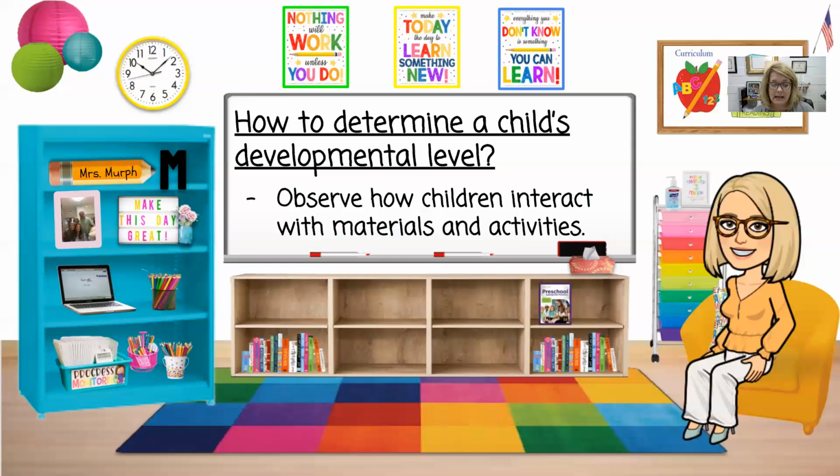The 3M method is one such way for teachers to determine a child's developmental level. It is based on research of Piaget and Vygotsky and focuses on children's interactions with materials and activities. In other words, it allows teachers to focus mainly on how children interact with materials during play in order to determine their developmental levels.